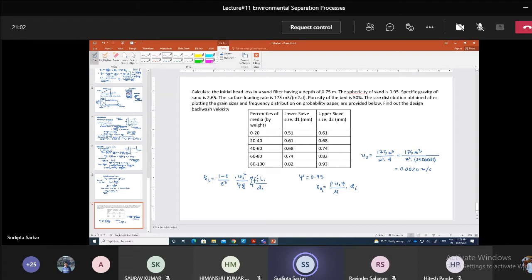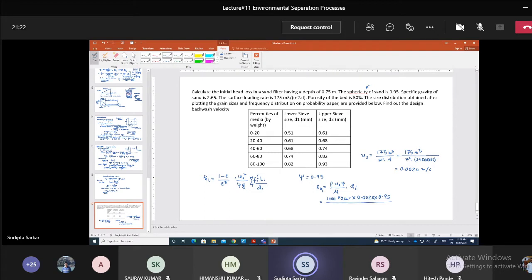And if you take rho as 1000 kg per meter cube, and you have Vs is 0.0020 and psi is 0.95, it is given here explicitly, and divided by mu.